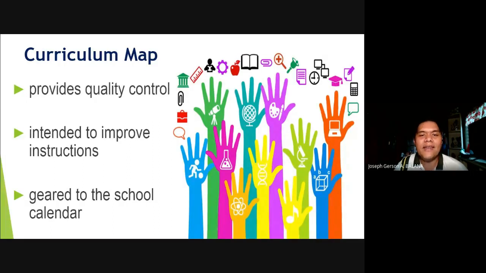And of course, again, the school calendar is very important because each school has a unique set of calendar of activities. We might have the same holidays in national aspect, but we have different local holidays and we have different school related holidays that we want to integrate also in terms of our activities or in terms of delivering lesson or content.